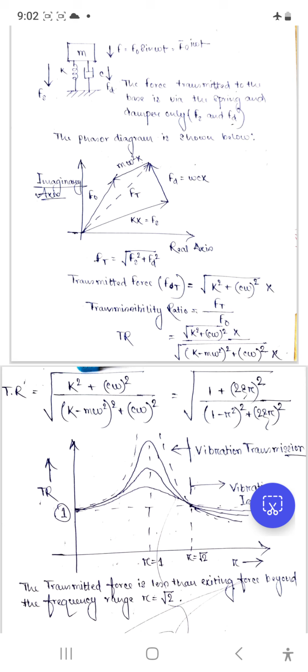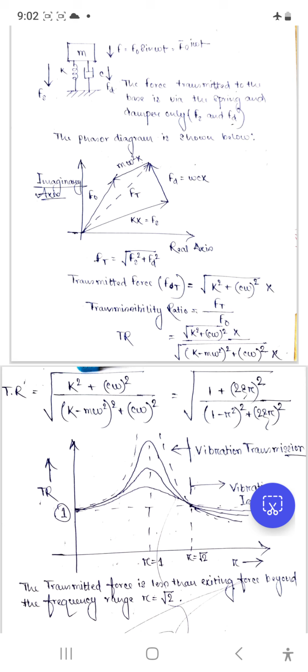Now coming to the graph. You see this graph has started from here. This is the transmissibility ratio on the y-axis and r on the x-axis. This is true for all values of zeta, including zeta equal to 0.